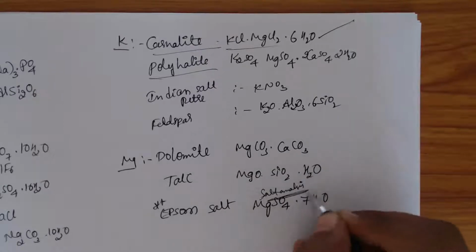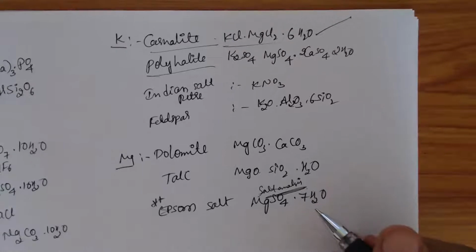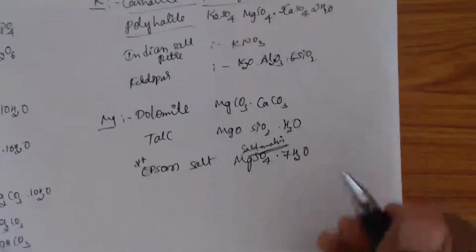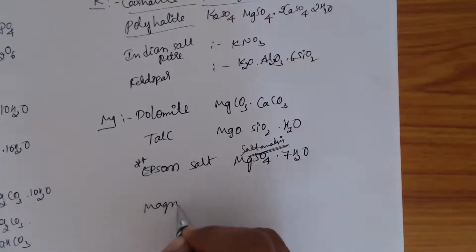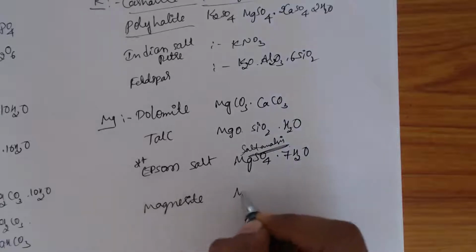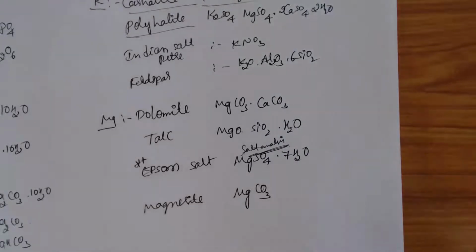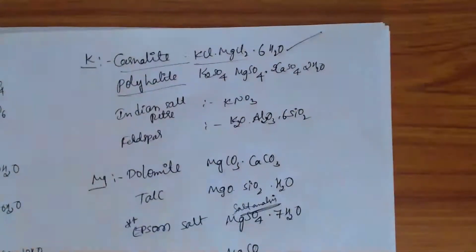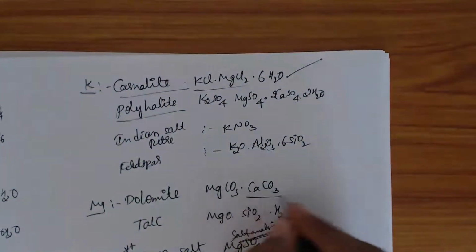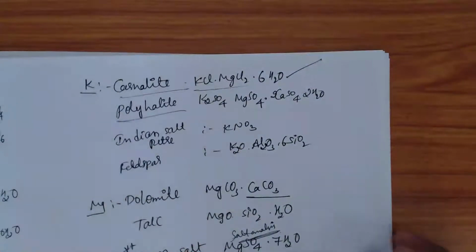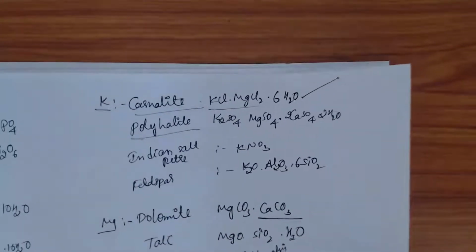And another important ore is magnesite, that is MgCO3. Okay, students. Next, calcium is there. It is one of the ores of calcium. Understood?